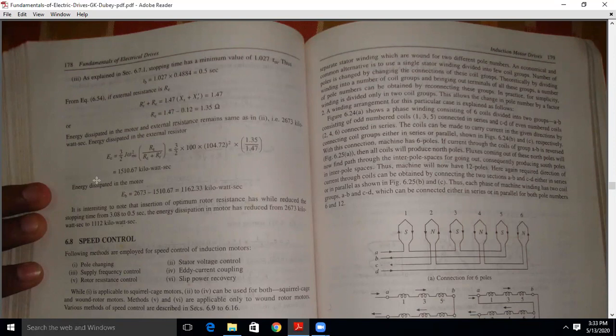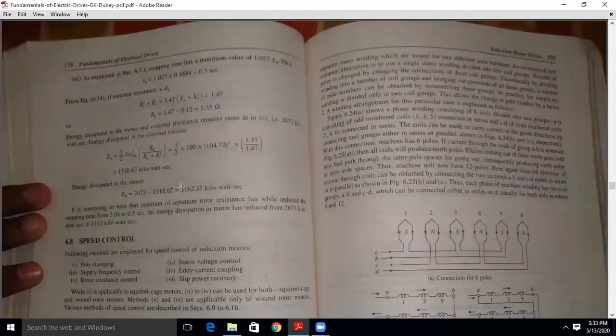Hence, energy dissipated in the motor during braking is 2673 minus 1510.67, which is 1162.33 kilowatt second. So this is how we can solve examples based on energy dissipation and time.